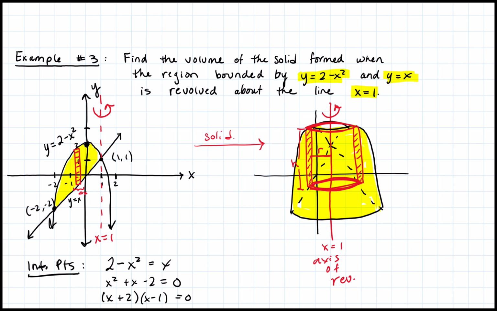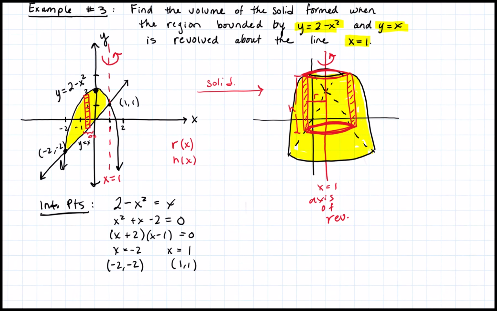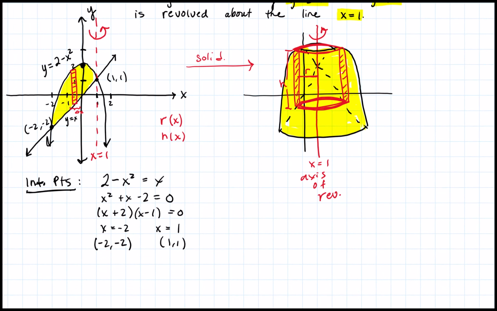So we need both our radius to be a function of x and our height to be a function of x, because our volume formula when we're doing shells is going to be the integral from a to b of 2 pi times the radius of the shell, but we need that radius to be in terms of x because the thickness is in terms of x. So I'm going to write that as r of x times h of x, the height in terms of x, dx, because the thickness of our shells is a delta x.